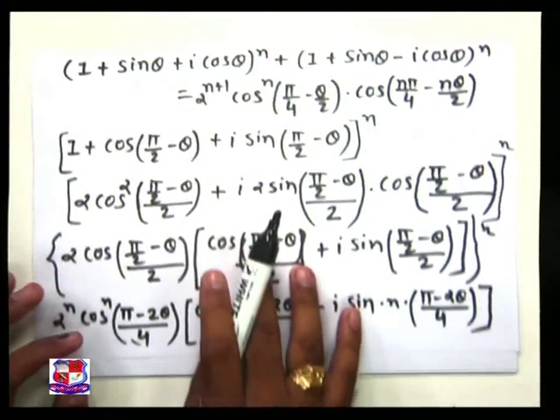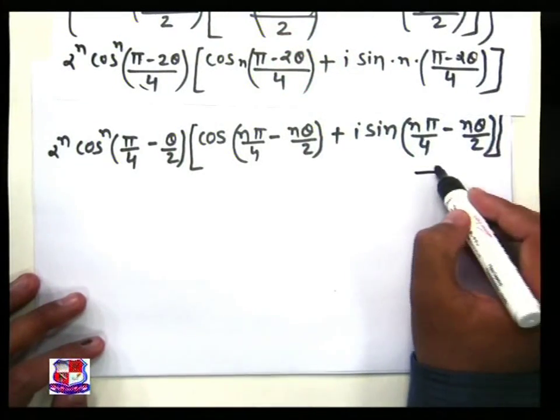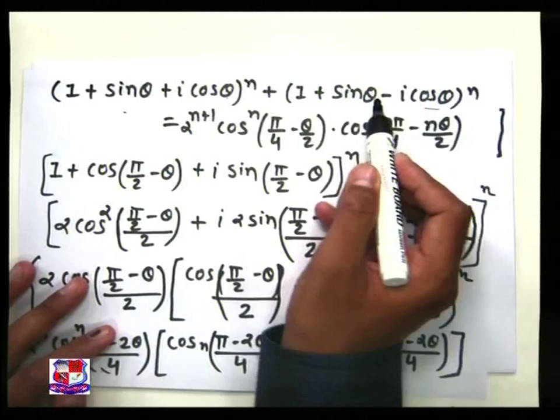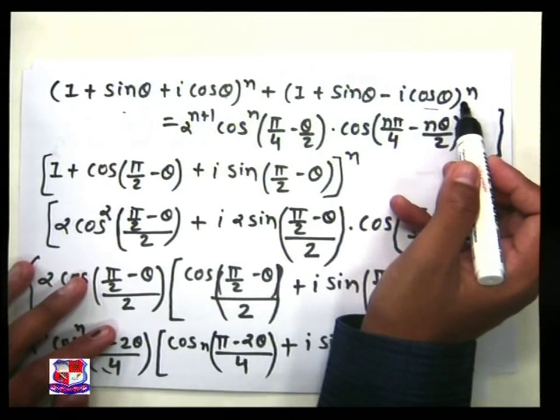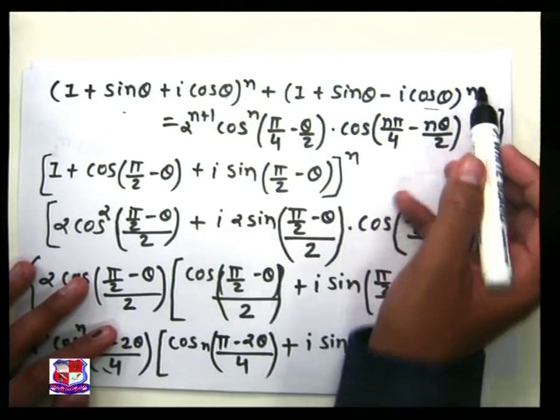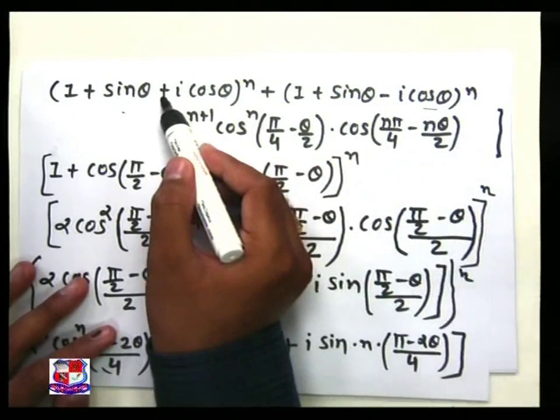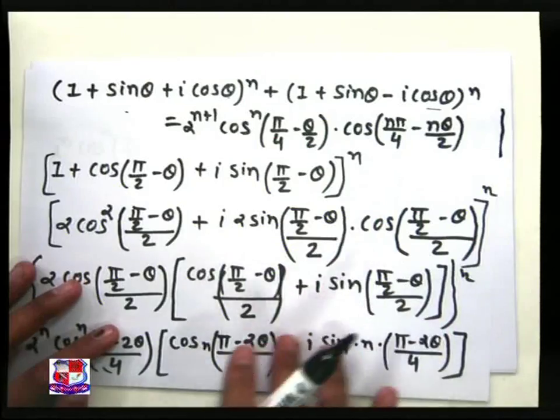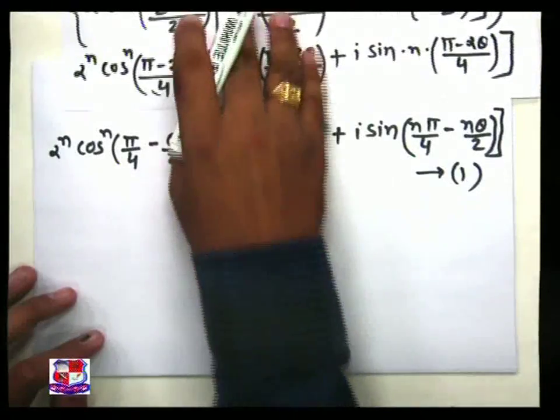Now this is our equation number 1. Now we want to simplify this term, 1 plus sin theta minus i cos theta raised to n. So the only difference is here plus sign and here minus sign. So we can directly write our equation.